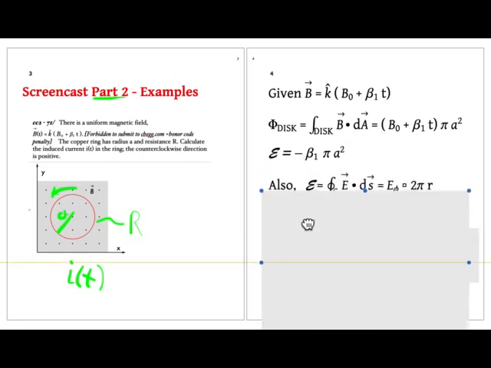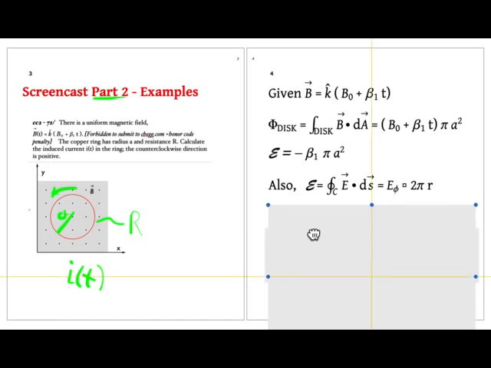Now I want to know the current. Well, the current will be the EMF divided by the resistance. By Ohm's law, the voltage around the ring divided by the resistance is equal to the current.